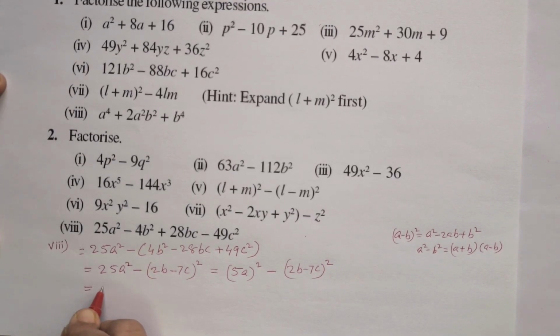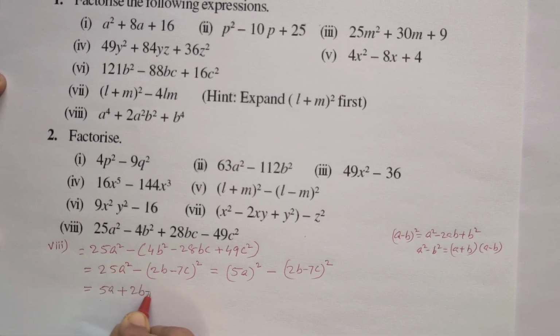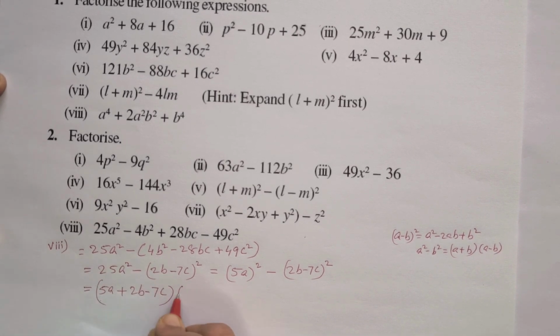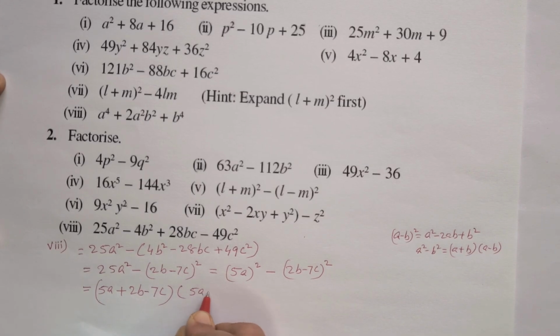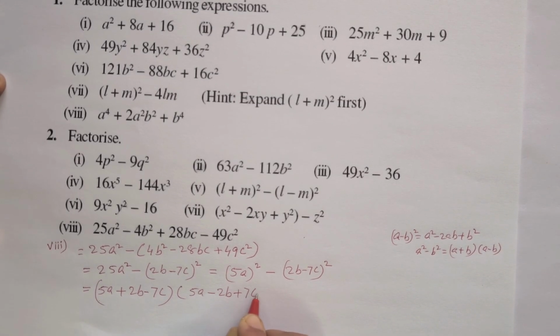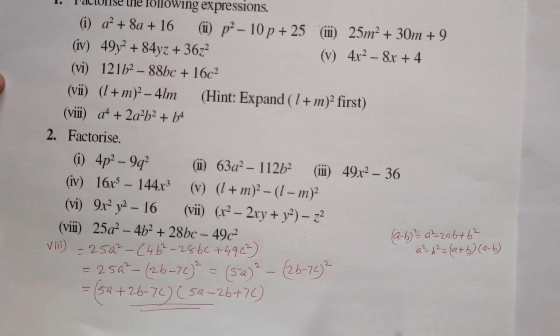Now a plus b is equal to 5a plus 2b minus 7c, and a minus b, 5a minus 2b minus of minus, it will come plus 7c. Sum of the terms and difference of the terms.